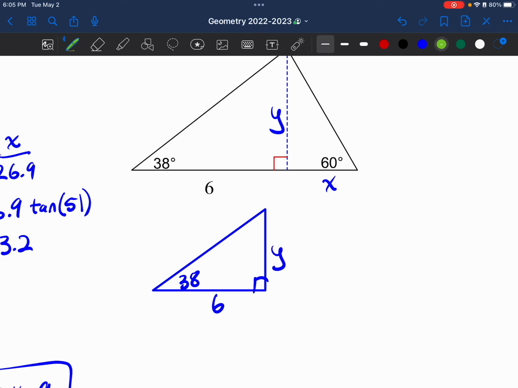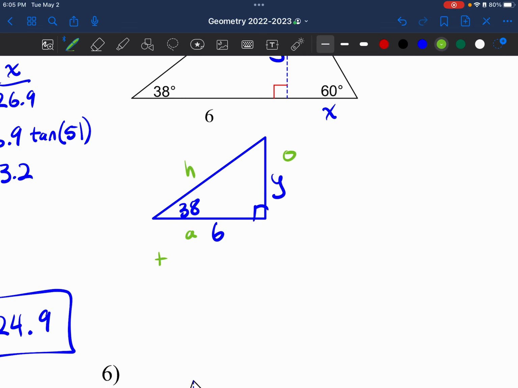If I'm labeling my O, A, and H, notice that we're not using H, meaning we're using another tangent function. So tangent of my angle of 38 degrees is equal to, it's TOA, so O over A, so it's y over 6.